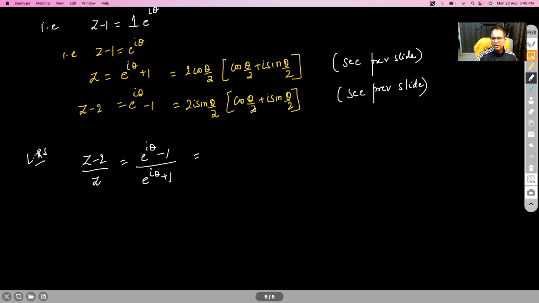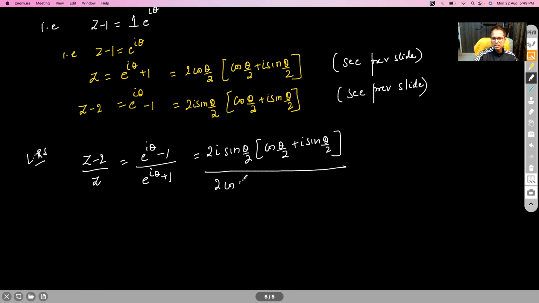Let's write down their values in the polar form, as I have written on top of it. So numerator is 2i sin(theta/2) times (cos(theta/2) + i sin(theta/2)), and denominator is 2 cos(theta/2) times (cos(theta/2) + i sin(theta/2)), right?